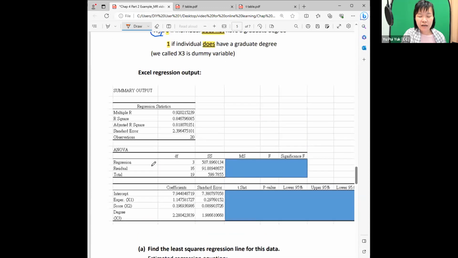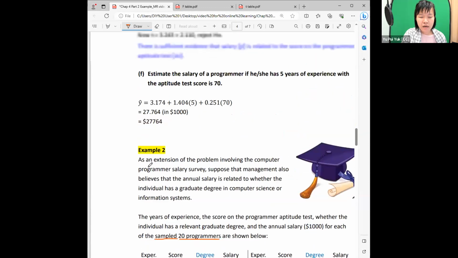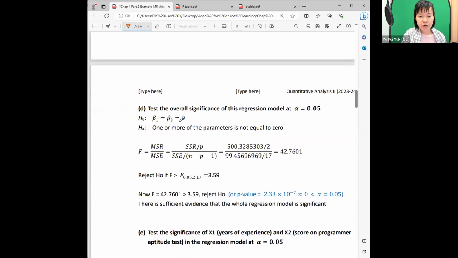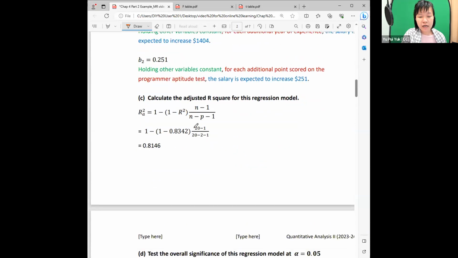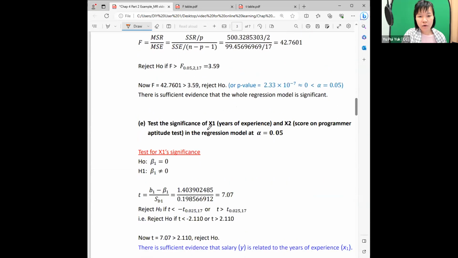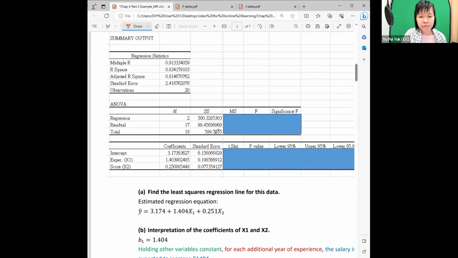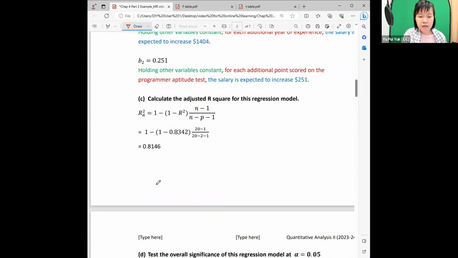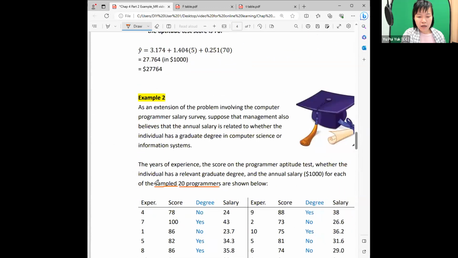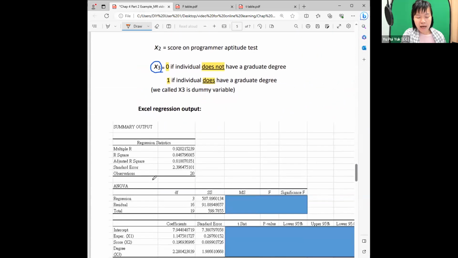For the hand calculations, you can refer to the class or to this file, where I showed the hand calculation given the Excel regression output. So now let's begin.